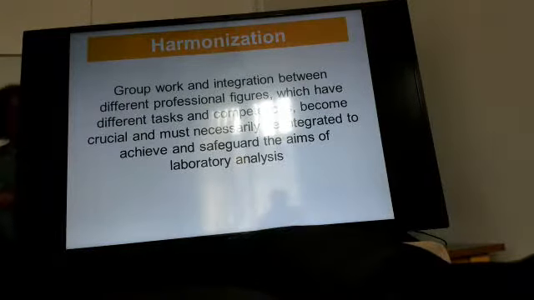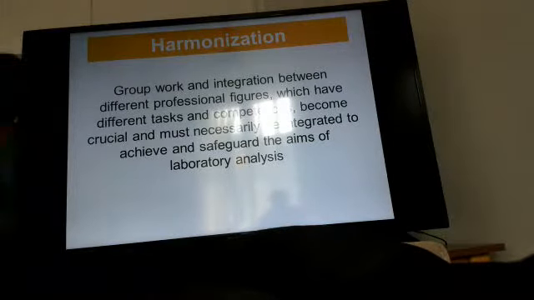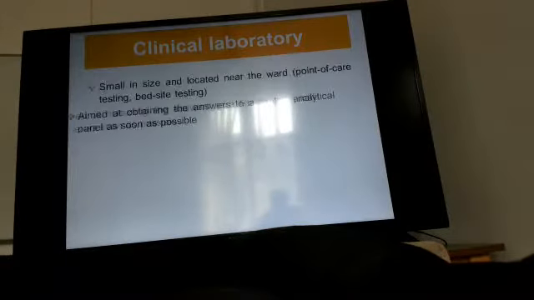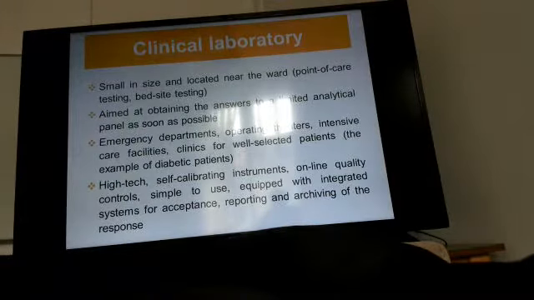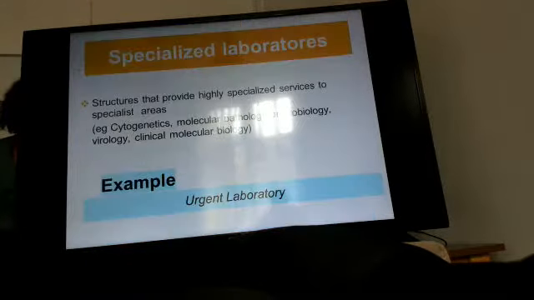And I also told you that we should have a harmonization in laboratory data. It means that we should have the same procedure, the same instruments, the same kind of evaluation in order to make the proper analysis. And sometimes clinical laboratories can also be present, but the main organization now is that you have centralized laboratories.